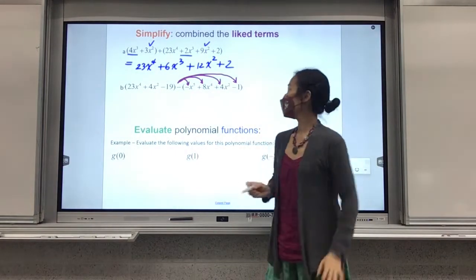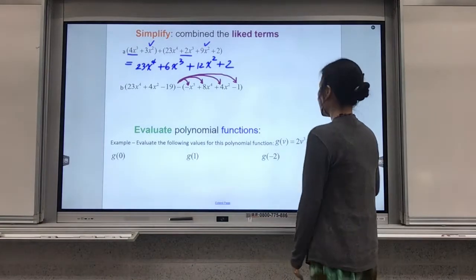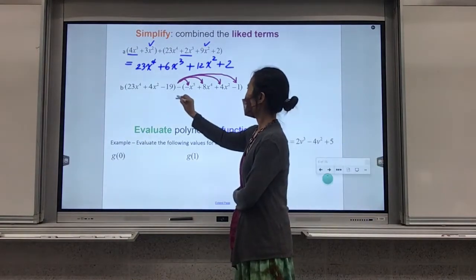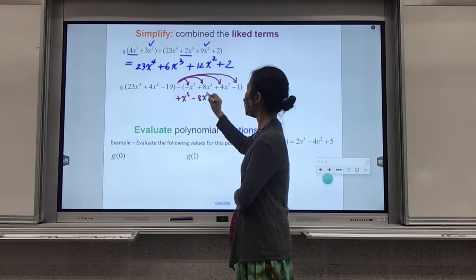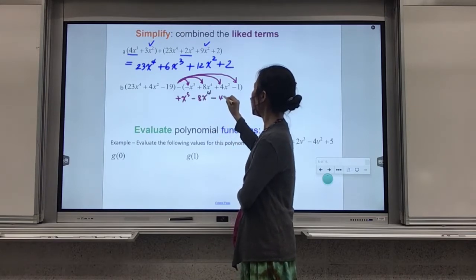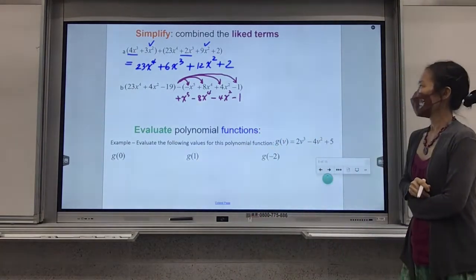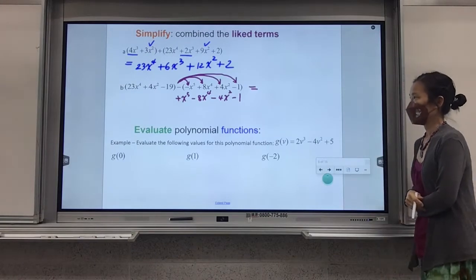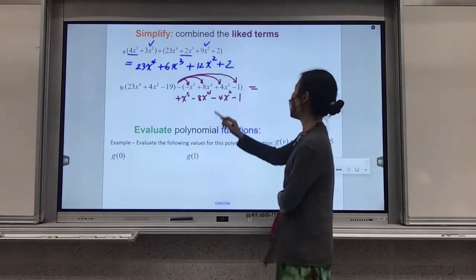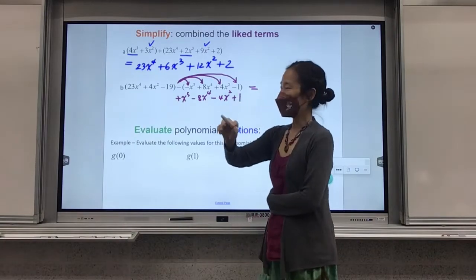So don't make that rookie mistake, okay? Change that. So plus, minus 8, minus 4, minus 1. Shouldn't it be plus? Plus 1. Yes, change sign. Thank you for catching that.